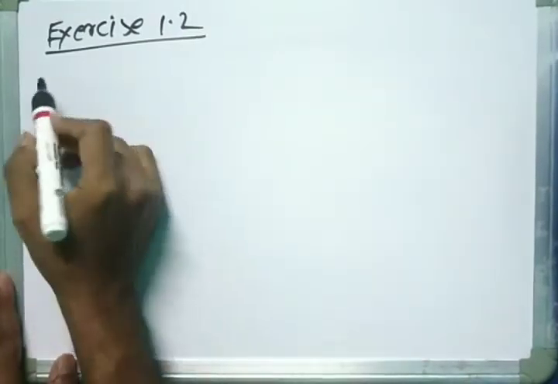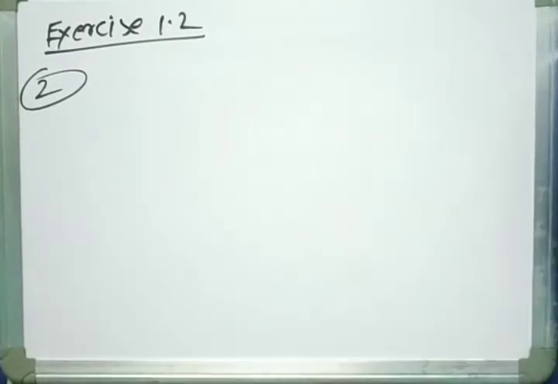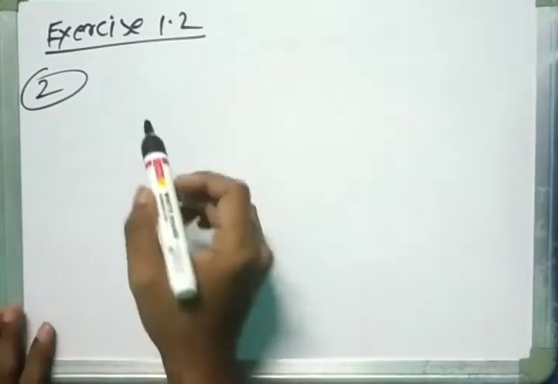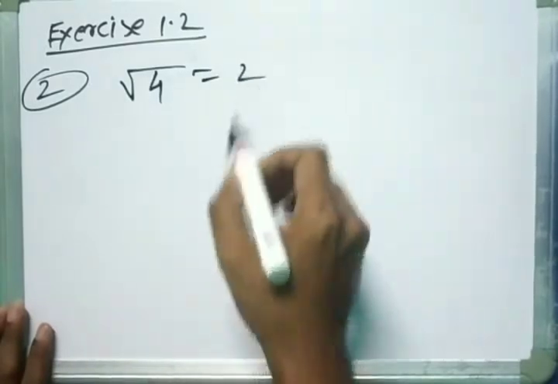Now see question number 2. Are square roots of all positive integers irrational? If not, give an example of the square root of a number. So the question is, are square roots of all positive integers irrational? No. Take root 4 equal to 2.